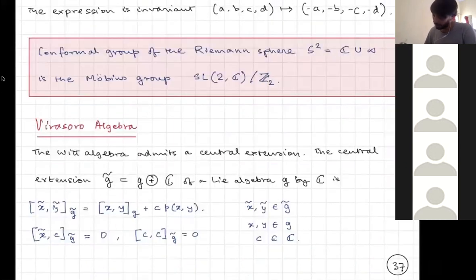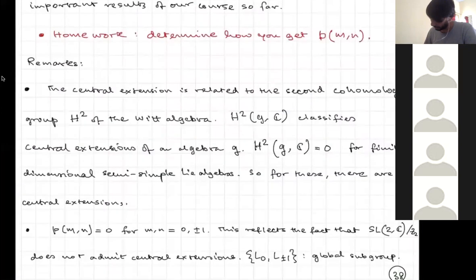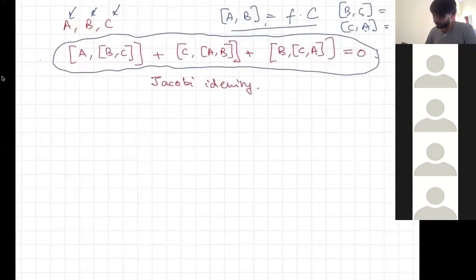So here I'm looking at this Lie algebra G tilde. This is another Lie algebra G. Okay, so that's what we had, and we had it briefly in the last class.